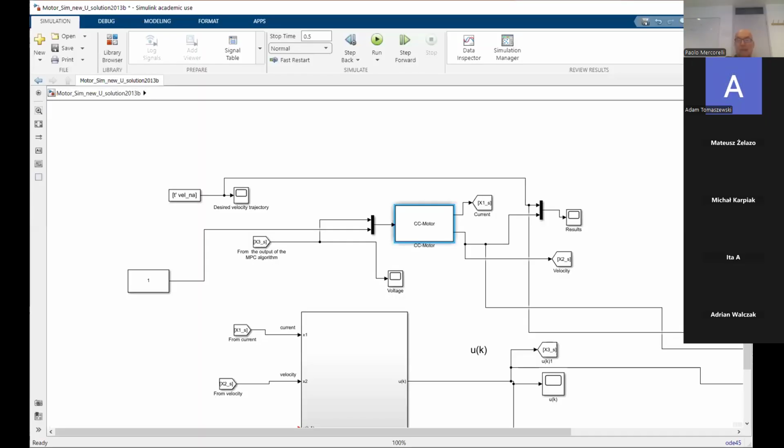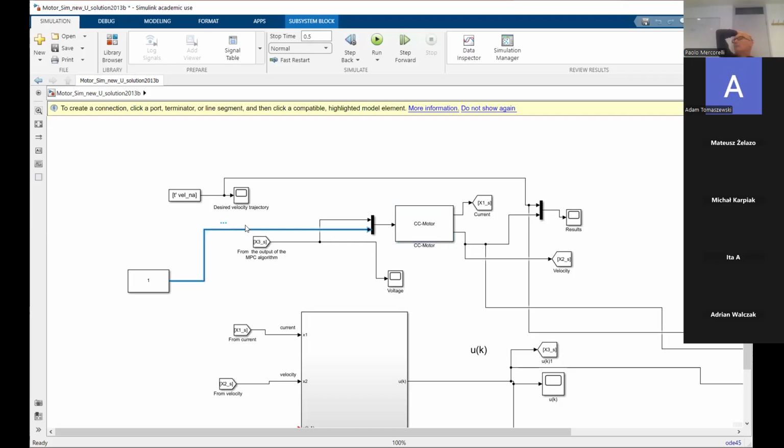Now we will clarify what I intended. We can see we have here a disturbance. One what? One torque, as a network with J equal 1.